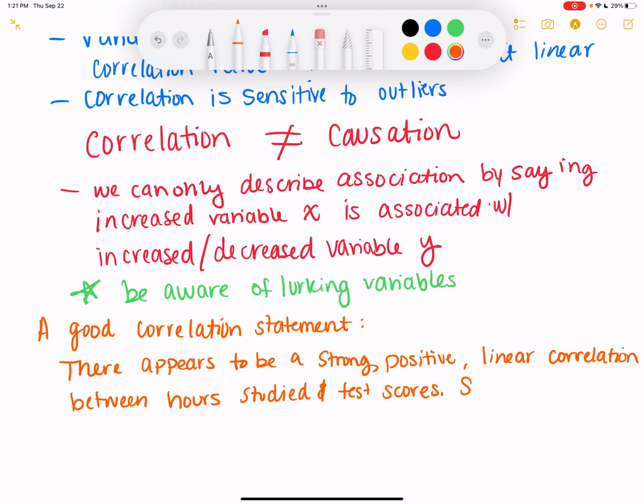Students who studied longer tend to have higher scores.